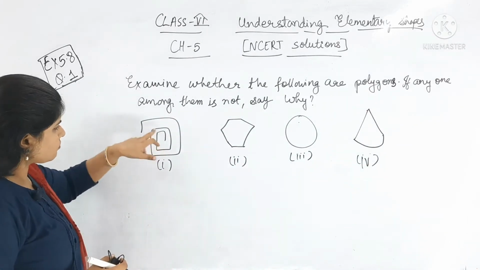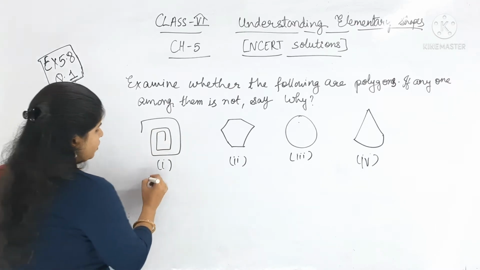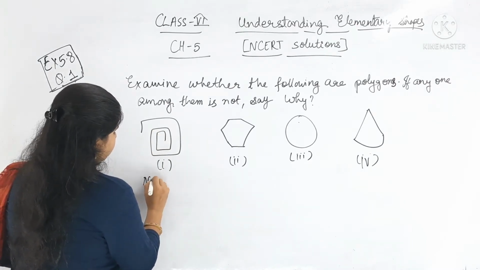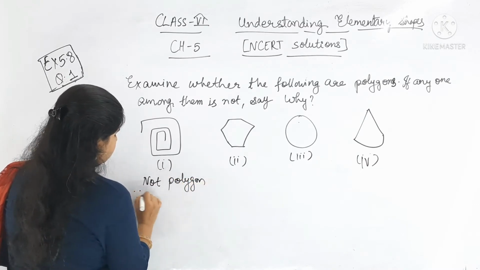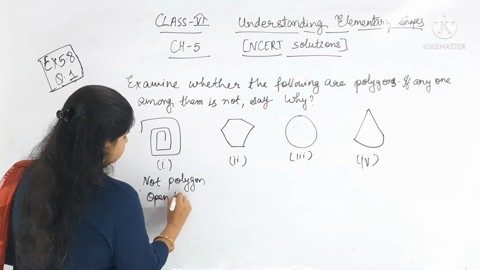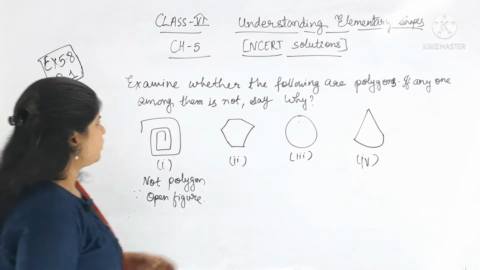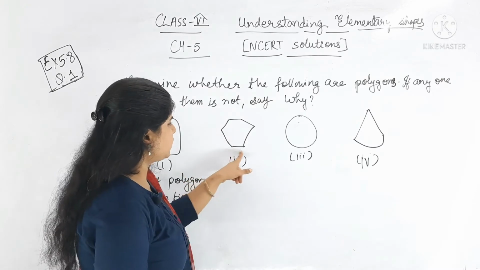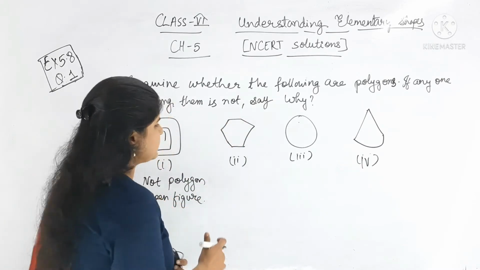So here you can see this is an open figure. Okay, not a closed figure. So not polygon, because open figure, right? Number 2 is, you can see this is a closed figure and made up of line segments.